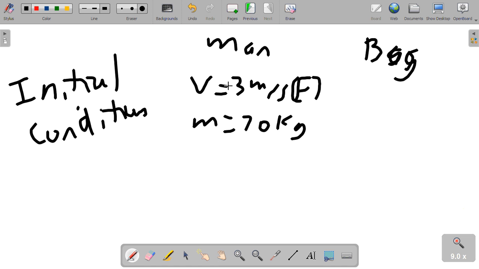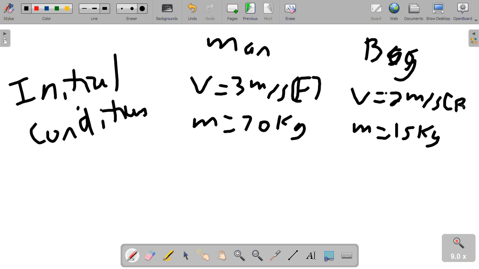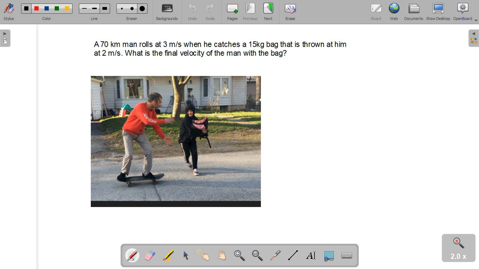The bag has a mass of 15 kilograms and it has a velocity of 2 meters per second, but that's going back. So the bag is going back this way at 2 meters per second, while the man who's going to collide with it is going forward at 3 meters per second. And the question is, after he catches that bag, how fast do they end up rolling away?